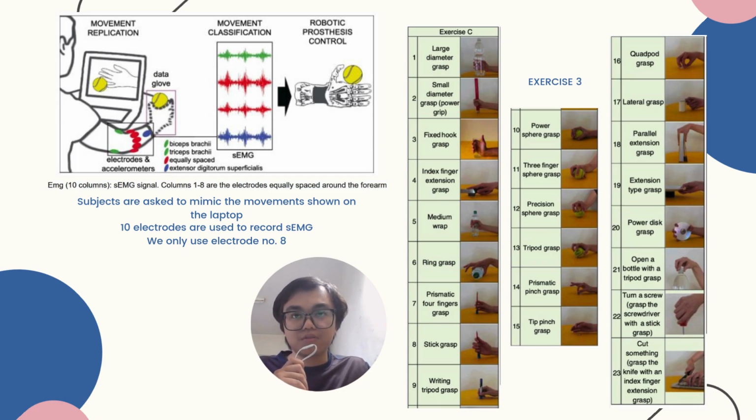For this assignment, we specifically analyze electrode number 8, or channel number 8, of the MyoBock. The location of electrode number 8 is around the forearm of the subject, highlighted in red, as you can see from the diagram.